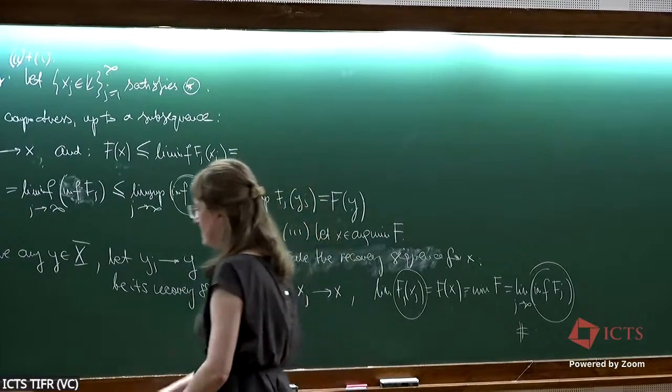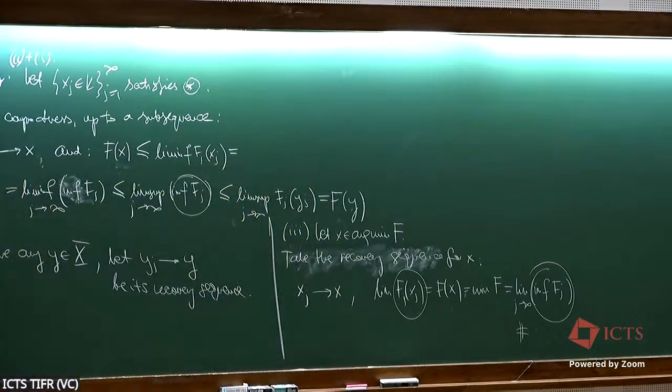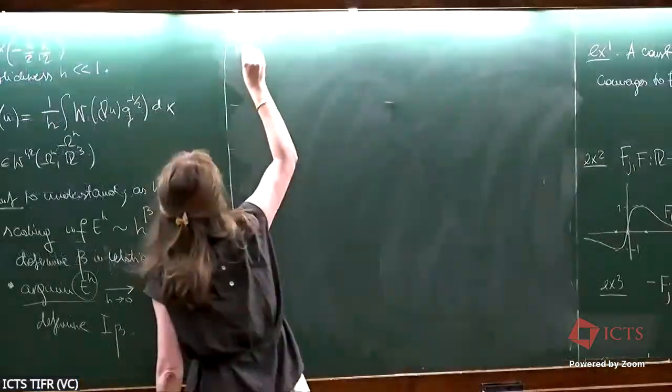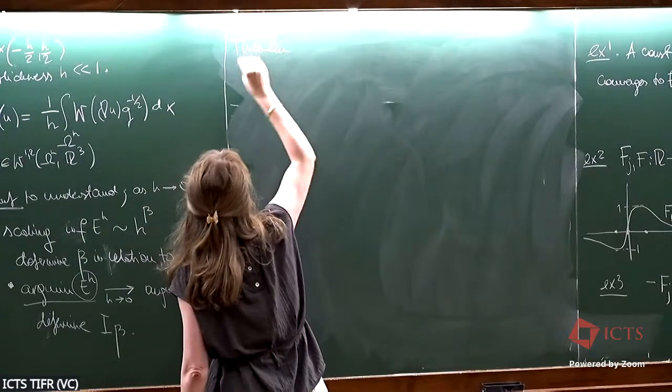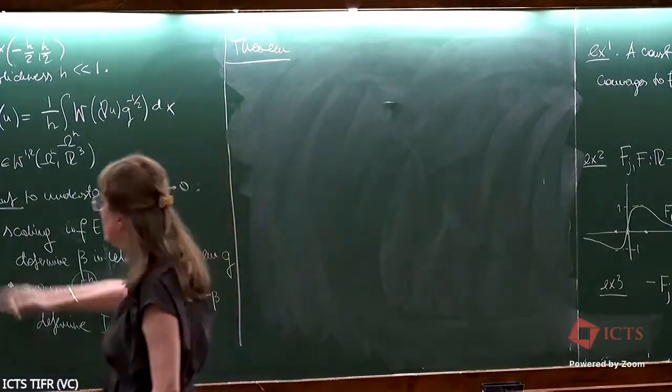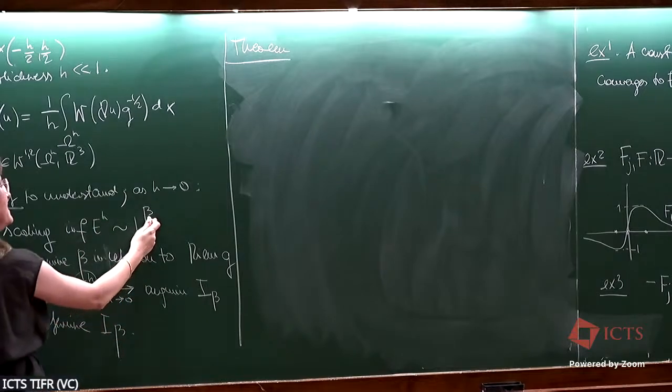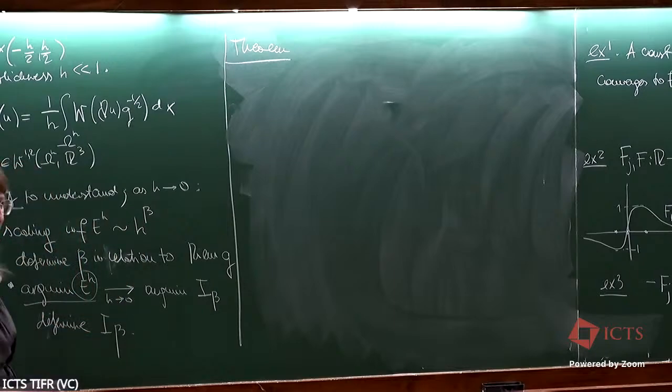Let me now state a theorem in the context of what we've been discussing before. Definition of gamma convergence, you have in these notes. Theorem. It's a gamma convergence result in the context of those constrained elasticity functionals, which tells you exactly what happens when beta equals 2, one particular beta.